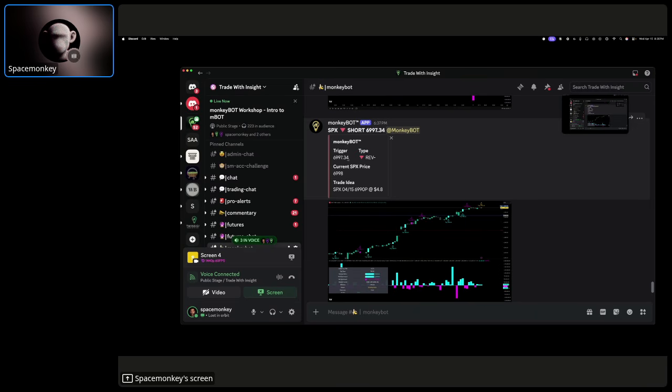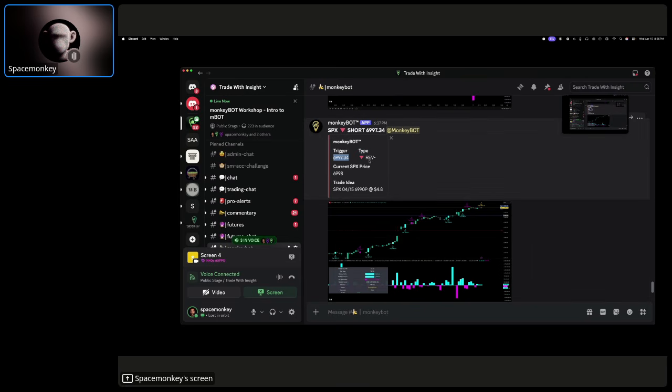As if you're in a room and you're following somebody, they give you the price of the option that they're entering, and you want to try to get as close as possible to that price. Otherwise, you might be paying up, or if it goes lower, that's also a different way to look at it. But the trigger is the price at which the indicator actually triggered that long or short.